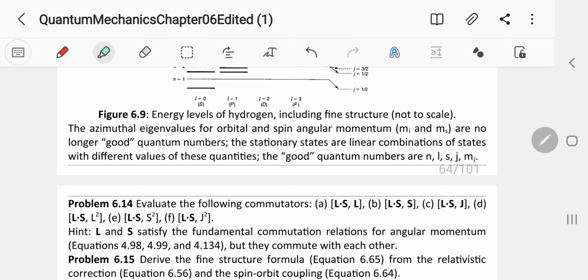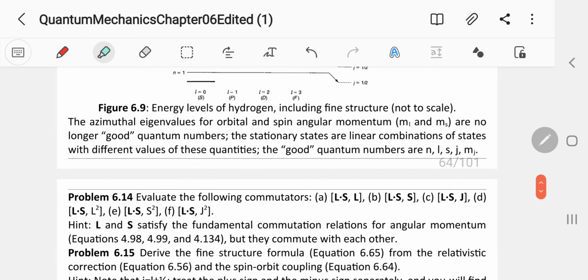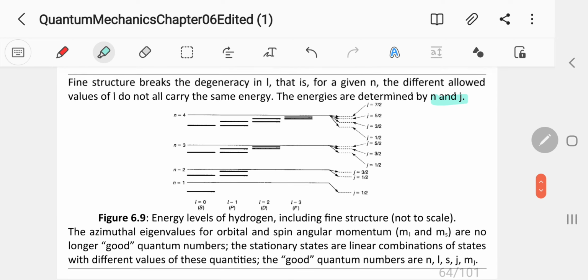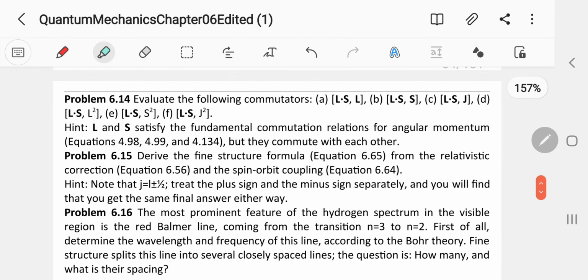The stationary states are linear combinations of states with different values of these quantities. The good quantum numbers are n, l, s, j, and mj. So anyway, if you really want to delve more on this, you can read other books so as to understand more on this particular topic.